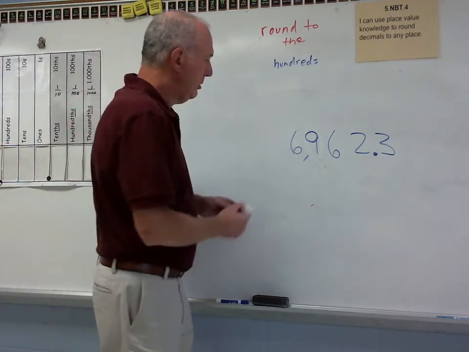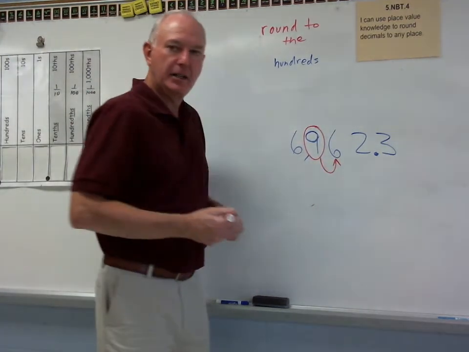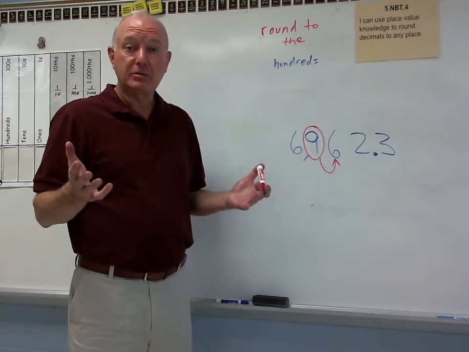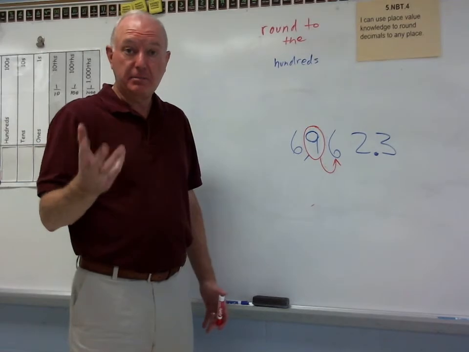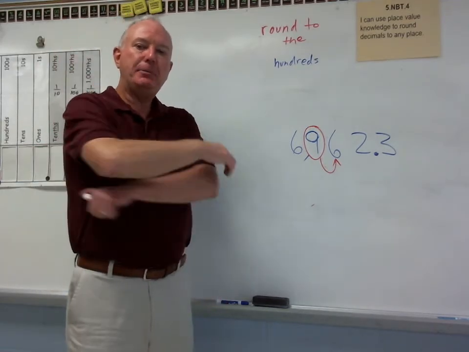So still, we're going to circle this. The boss is now changed to a 6. Tell me what you know about 6 being the boss. Yeah, it's big enough to raise that 9. Now you tell me, what does that 9 become?